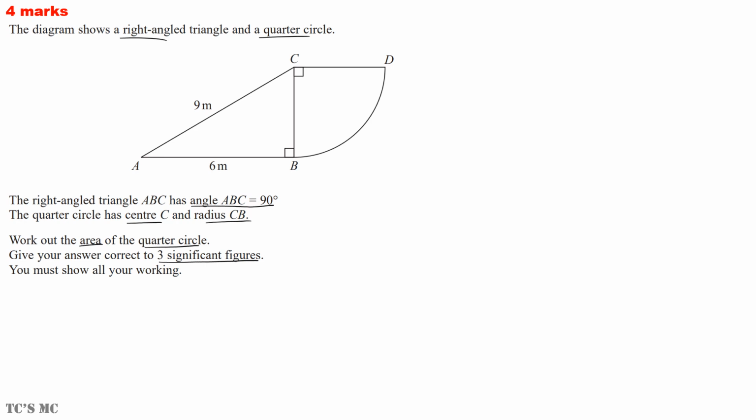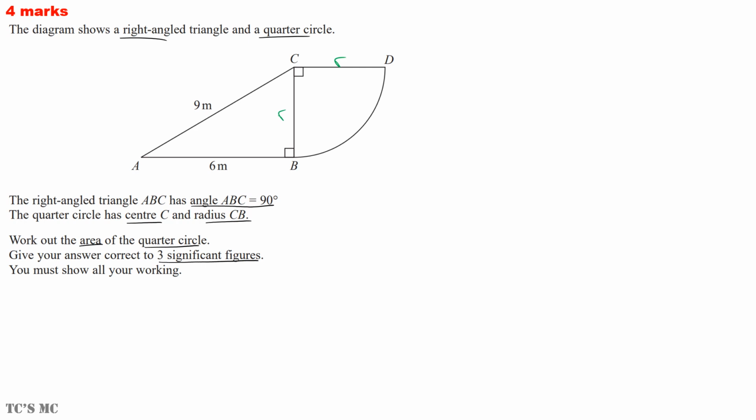I am going to annotate the diagram. The quarter circle has center C and the radius CB is going to be labelled r. If CB is the radius, then CD must also be the radius. If we focus on the triangle ABC, it's a right-angled triangle and we are working with 3 lengths.